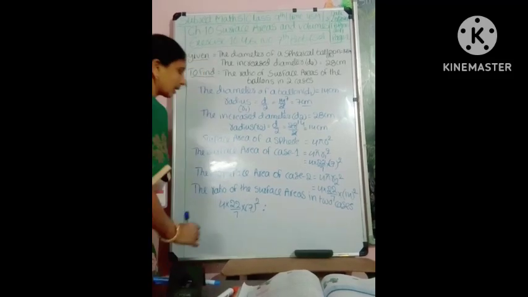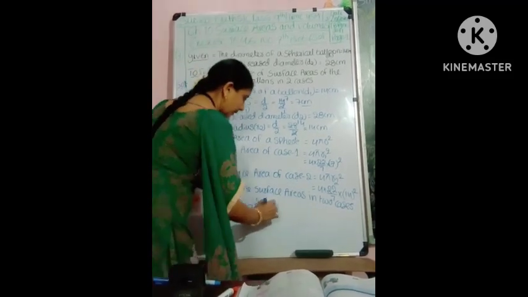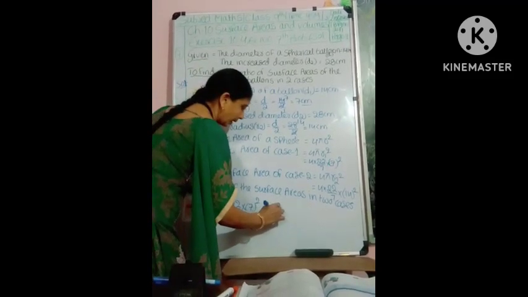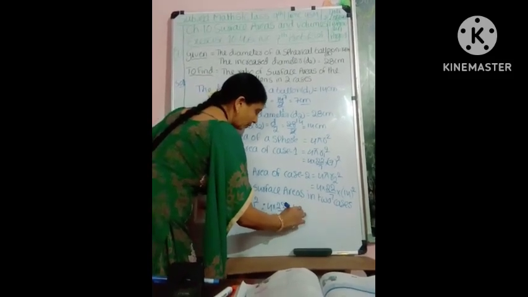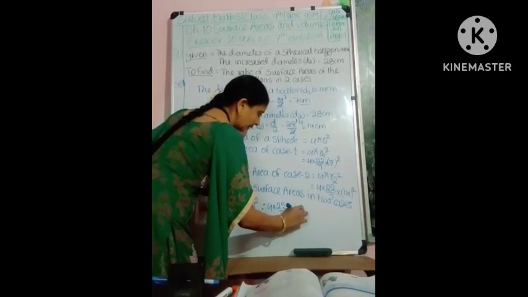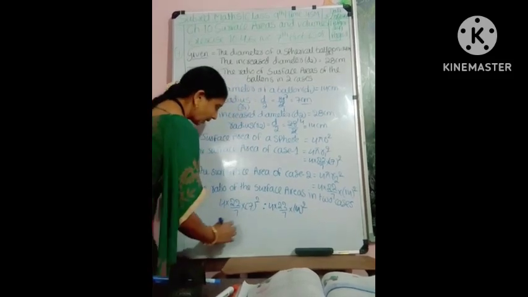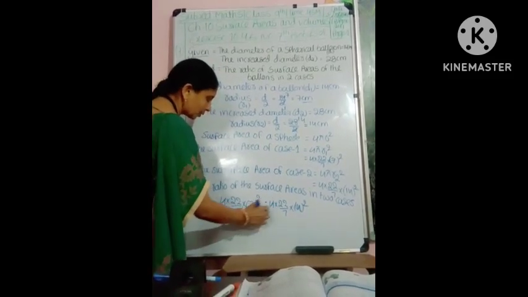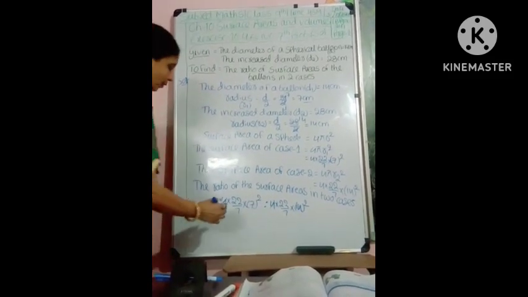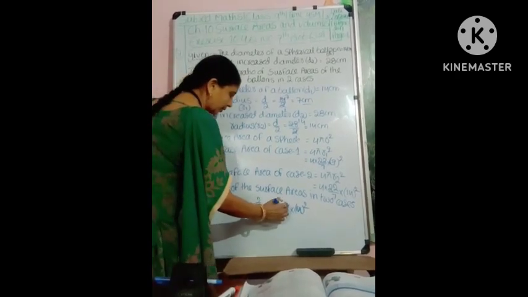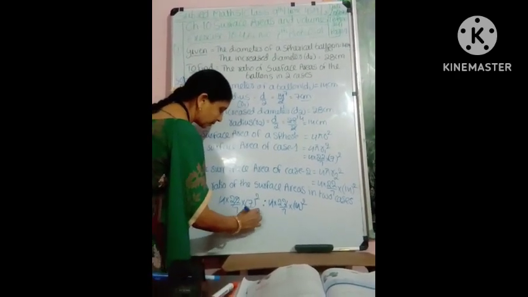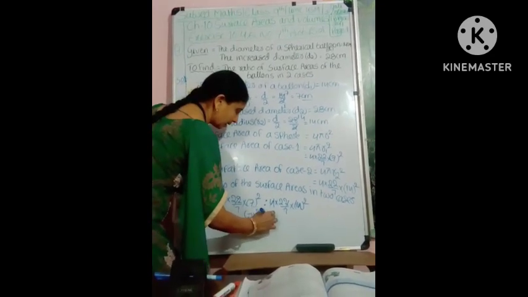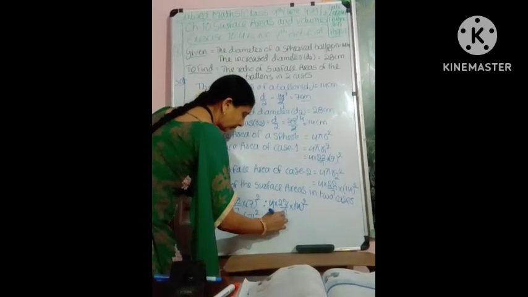Next, what's the case 2 surface area? 4 into 22 by 7 into 14 square. So in both ratios, 4 is cancelled and 22 by 7 is cancelled. What's the remaining terms? 7 square and 14 square.